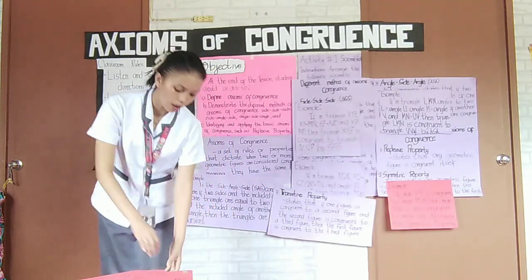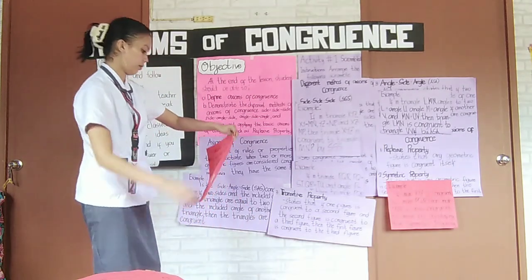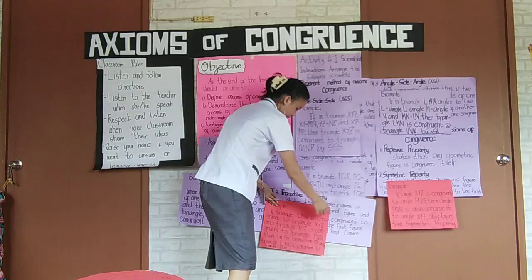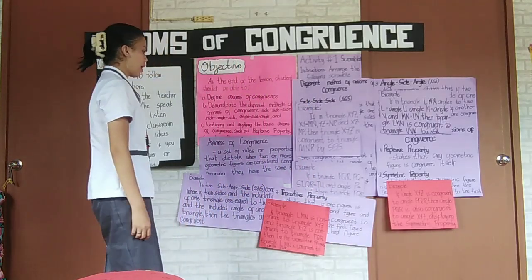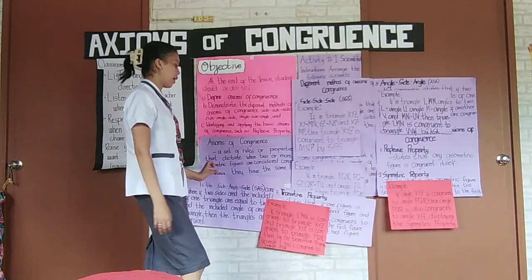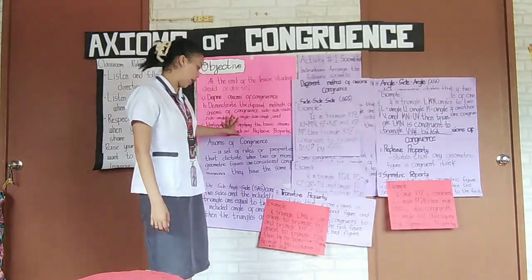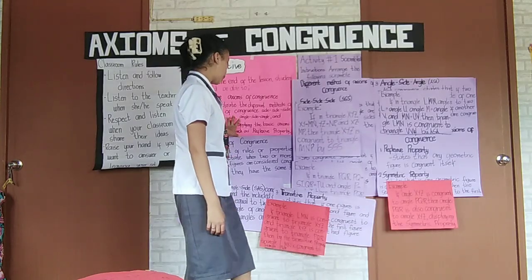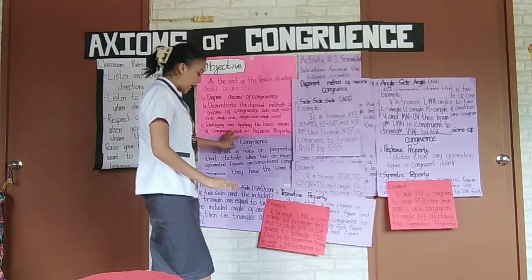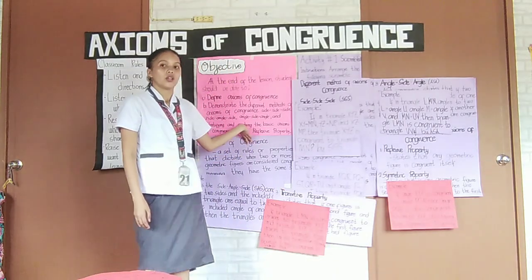For example of transitive, if triangle LMN is congruent to triangle XYZ and triangle XYZ is congruent to triangle PQR, then by the transitive property, triangle LMN is congruent to triangle PQR.